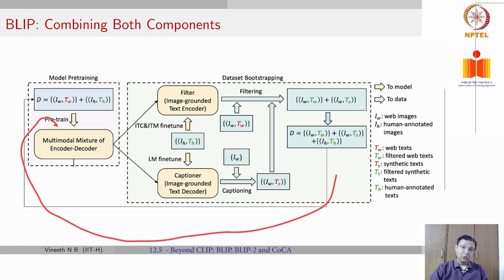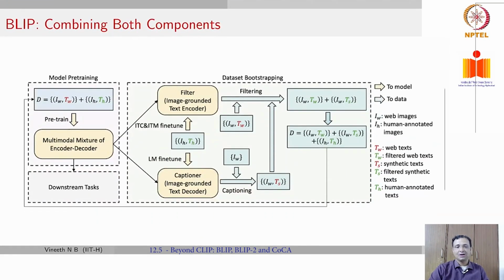So not only do they put together the architecture differently from CLIP, they also refine the data pipeline to get much better results using this approach. So this MMED is finally used for various downstream tasks such as captioning and many more.